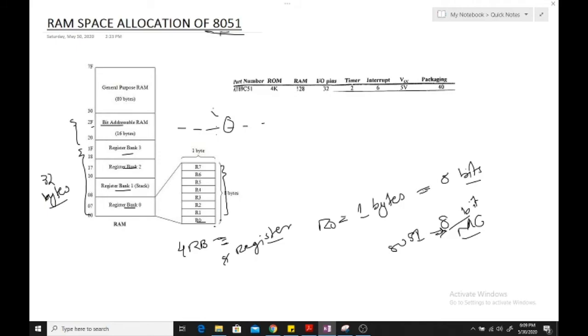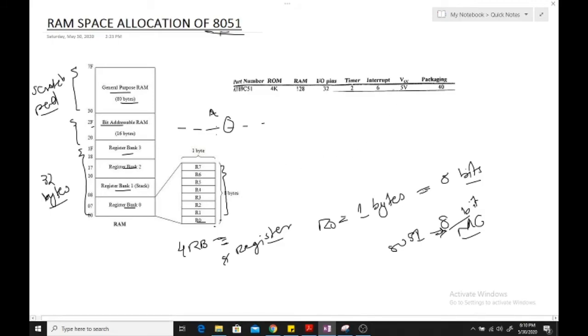Every bit can be used in a program for a particular purpose. The 16 bytes are bit addressable. Then there are 80 bytes of RAM that are allocated for general purpose, also known as a scratch pad, which is used for storing data, parameters, and these kinds of things.